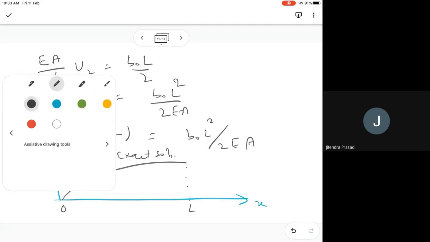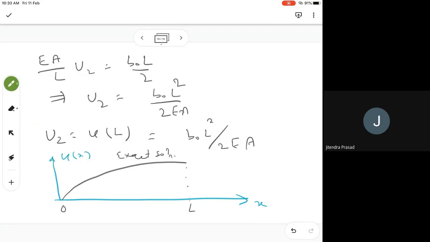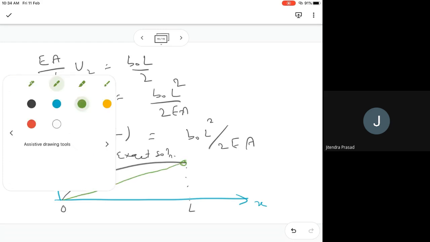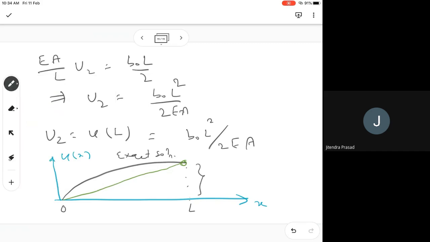And your solution right now, the one you got, is like this. This value is B naught L square over 2EA. So it is 2 noded, so this is matching at the node, but in between it's not matching. So this is the solution you got. Now, so far so good, guys? Any question?